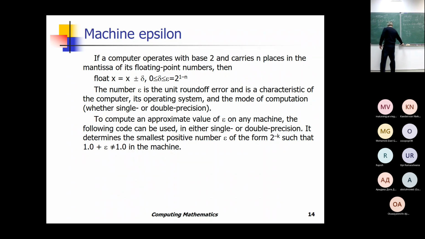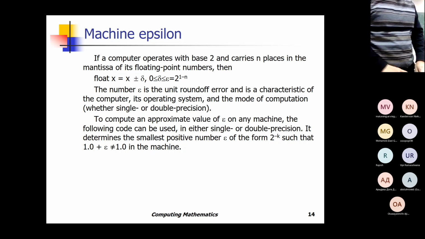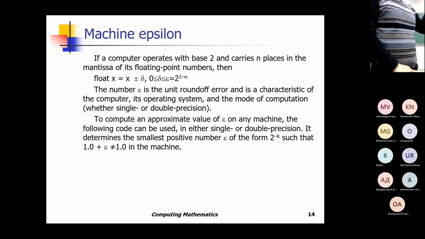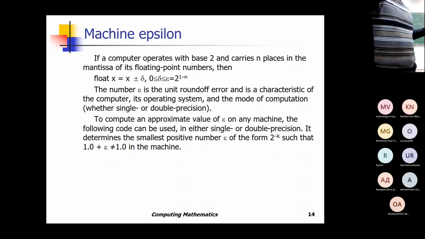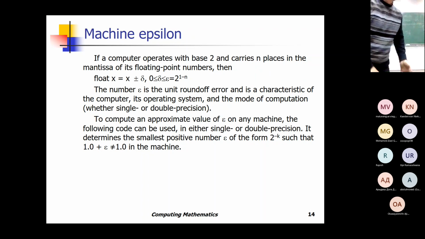Please, sir, I didn't understand very well the machine epsilon. Is it possible to explain, please? Yeah, it's such a small number that when we take this number, 1 plus this number gives us 1. This is the meaning of machine epsilon: 1 plus epsilon equals 1.